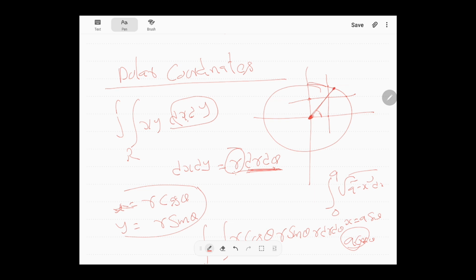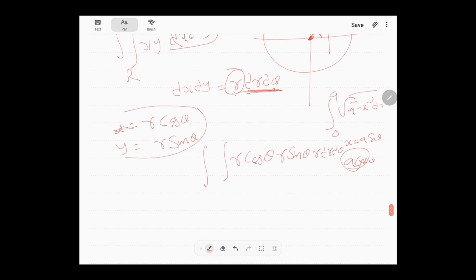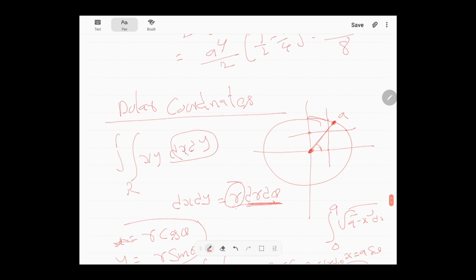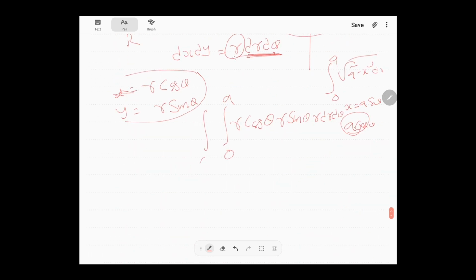Here the r value is 0. Here the r value is a, because it is a circle. So the minimum and maximum values for r for this problem are 0 to a. And theta varies from 0 to pi by 2 because in the first quadrant we have 0 to pi by 2. If the entire circle is given, it is 0 to 2 pi. So the limits are 0 to a, 0 to pi by 2.